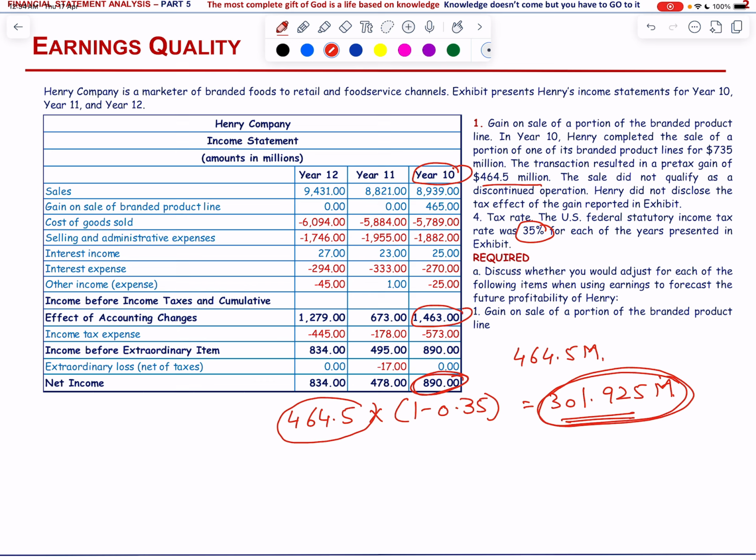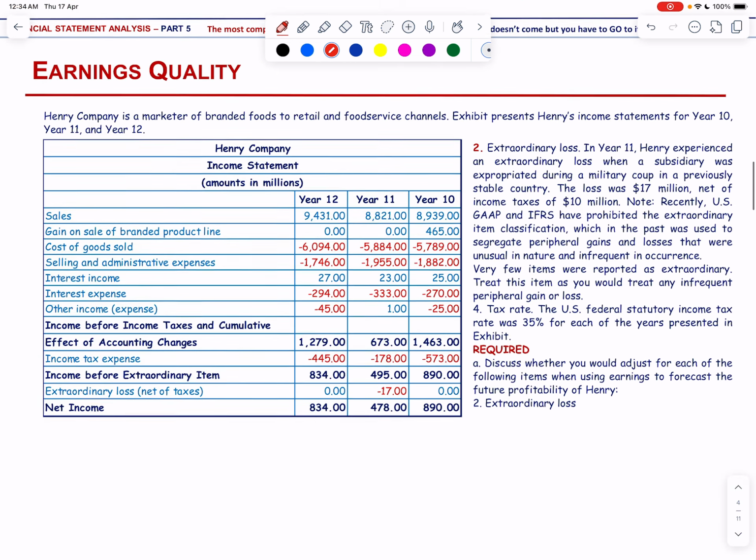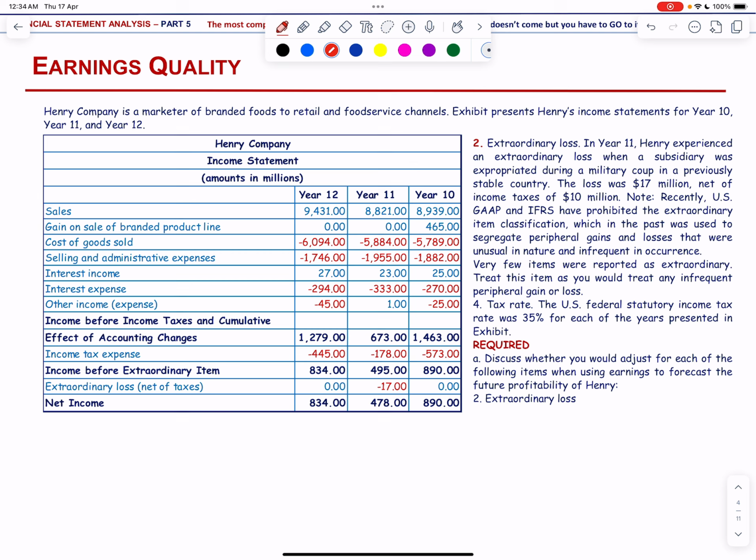Okay, so we move on to the second part, and here they say there is an extraordinary loss. That is, we have to discuss whether we should adjust for the extraordinary loss when using earnings to forecast future profitability.